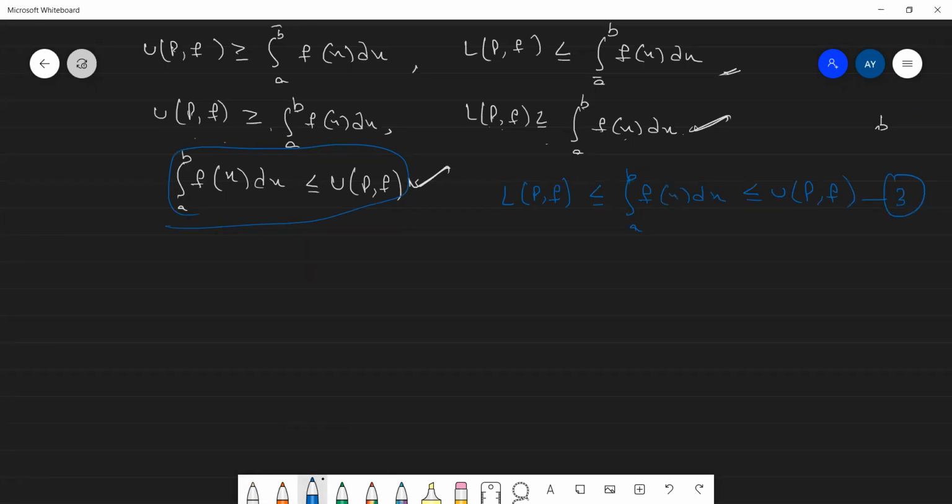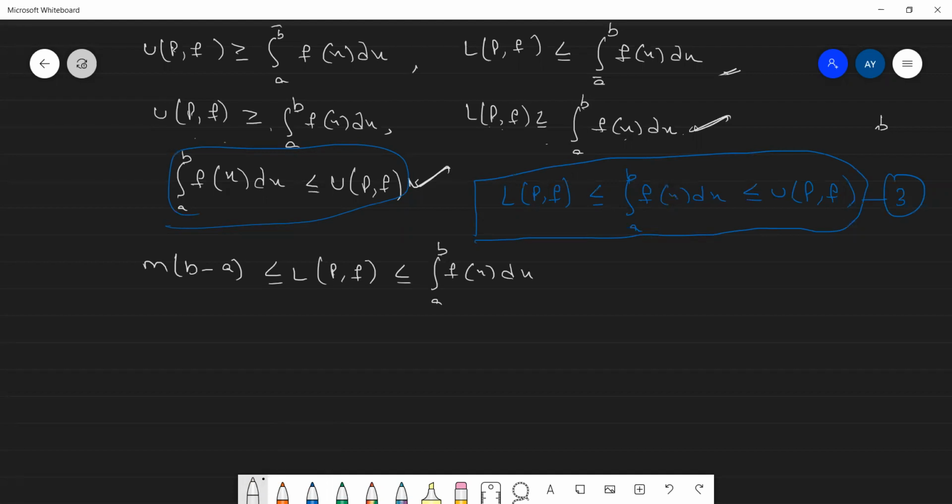Now take this and substitute in 2. So what will you get? You'll get small m into b minus a is less than or equal to LPF, less than or equal to the integral a to b f of x dx. This is less than or equal to UPF, and this UPF is less than or equal to capital M into b minus a.